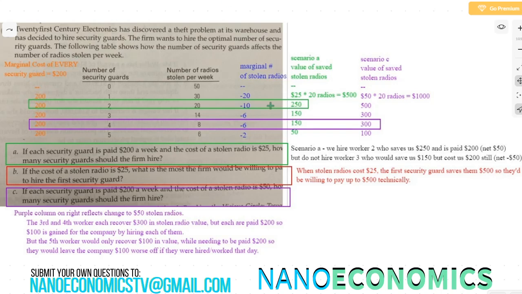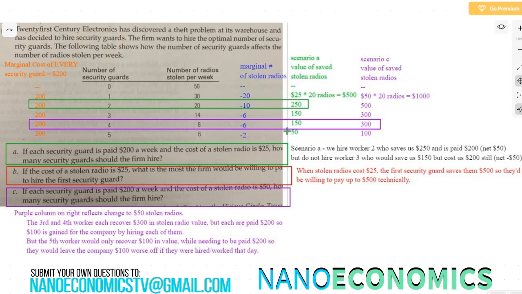So for scenario A, we've filled in the marginal number of stolen radios, and we're going to take the marginal number of stolen radios times the cost or value of an individual stolen radio. So -20 times 25 is $500. -10 times 25 is $250. -6 times 25 is $150, and $50.